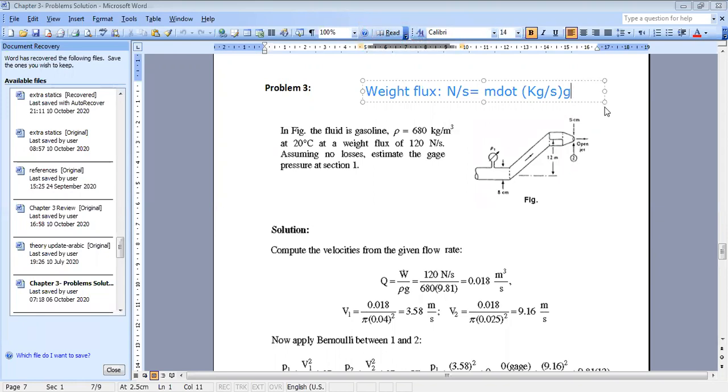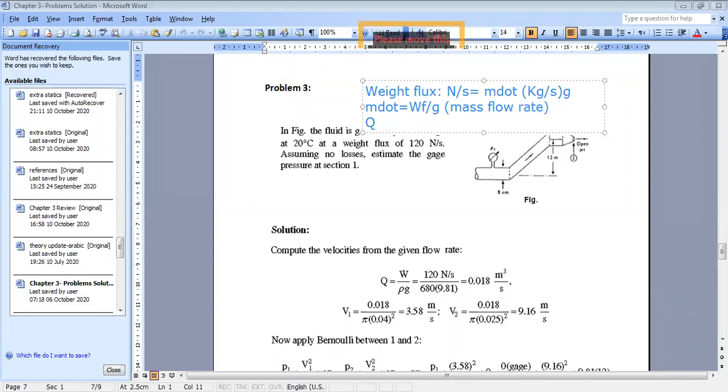Because you know that W is m times g, so W dot is m dot times g. So if you want to get m dot, you simply say m dot is equal to the weight flux over g. It's the mass flow rate.